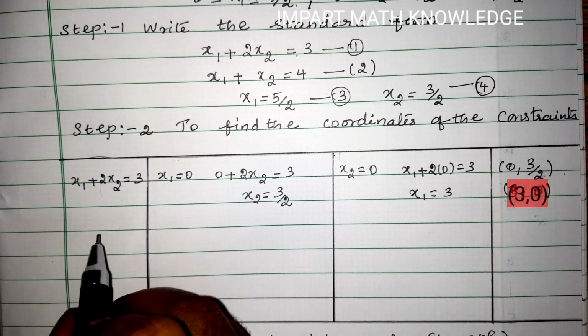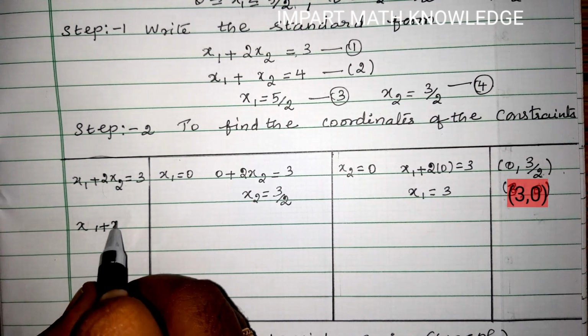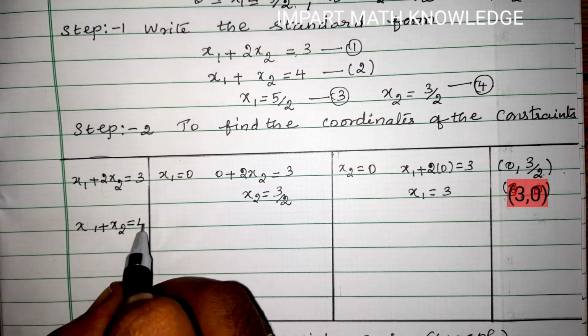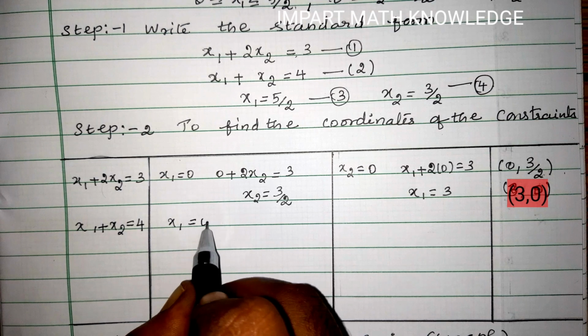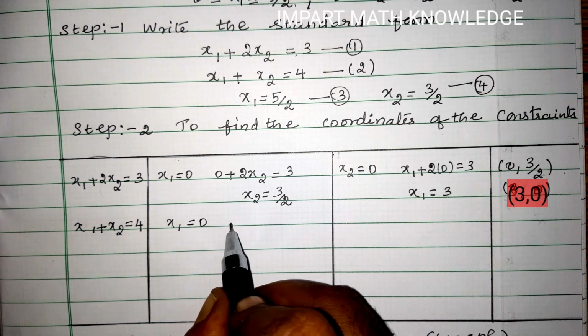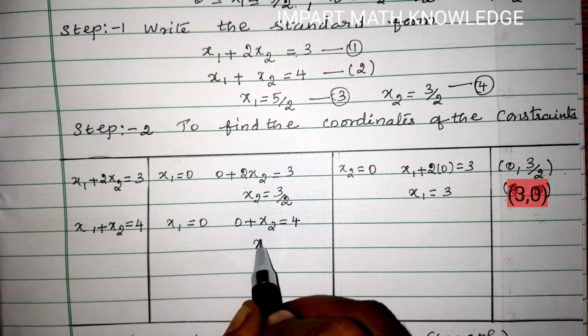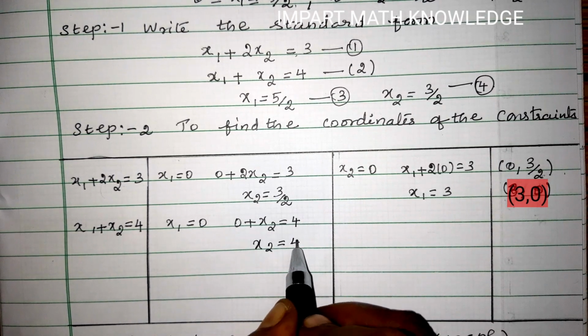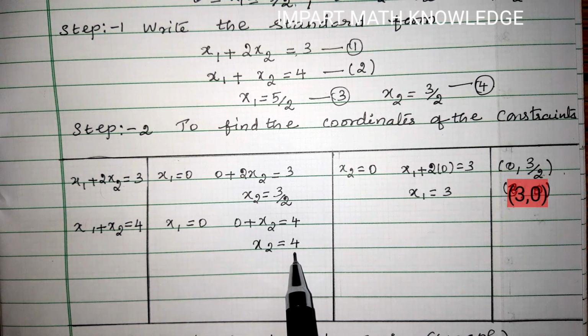Now take the second constraint, x1 plus x2 is equal to 4. If I put x1 is equal to 0, that is 0 plus x2 is equal to 4, I get x2 is equal to 4.